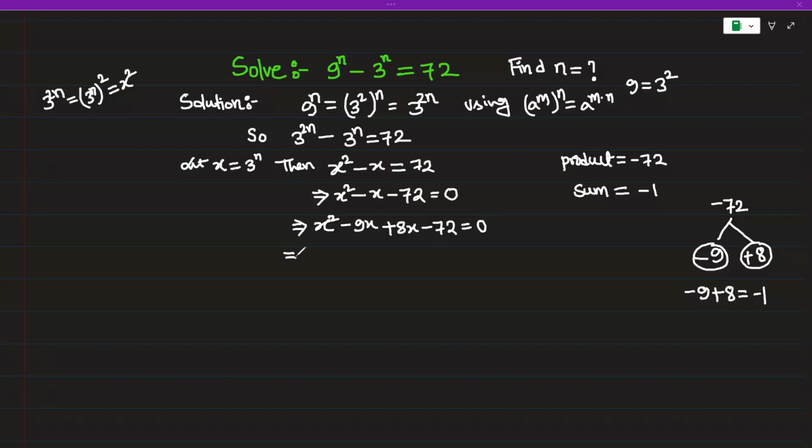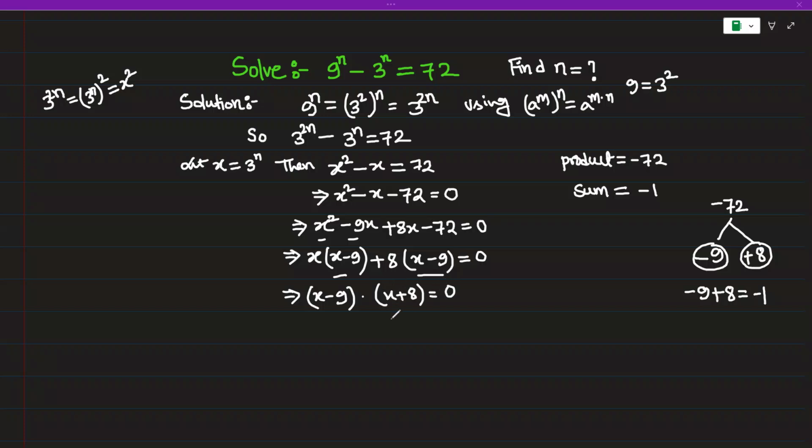Now we take the common factor x from the first two terms, so x minus 9. Then from the last two terms we take 8 common, so 8 times x minus 9. Now x minus 9 is common, so we get x minus 9 times x plus 8 equal 0.